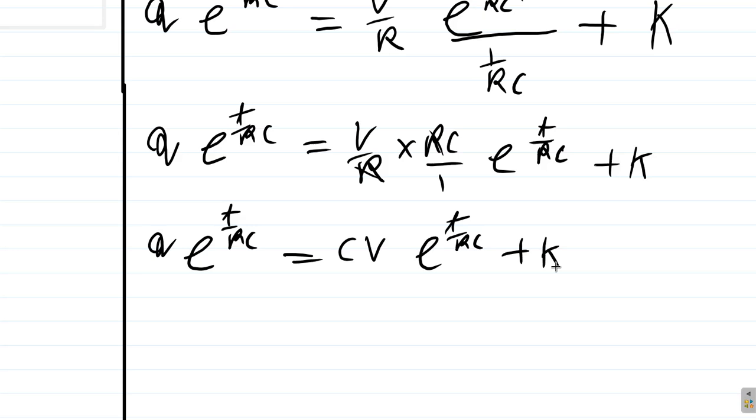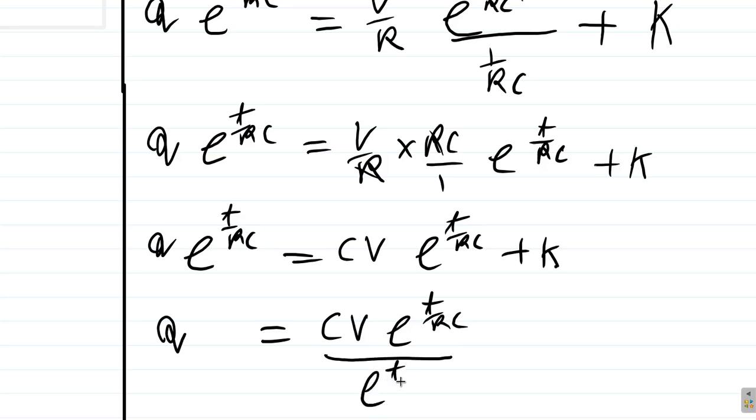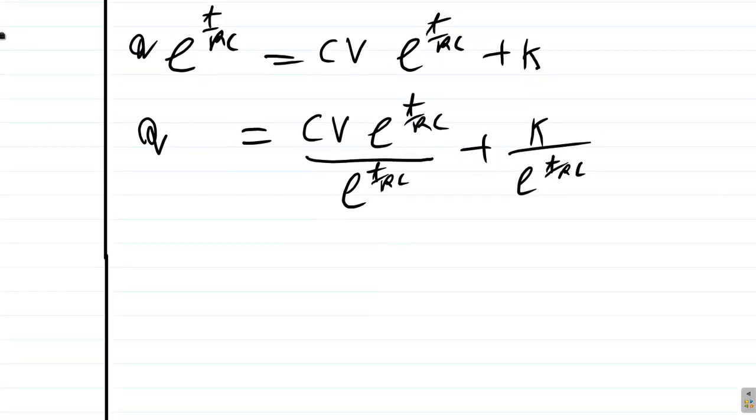Now we want q, so let's transpose for q. Let's divide by e to the t over rc. So we have q equals, the e to the t over rc would cancel itself on the left. On the right you have cv e to the t over rc divided by e to the t over rc plus k over e to the t over rc, right? You see that? But here e to the t over rc cancels itself.